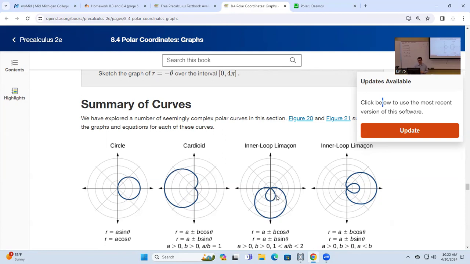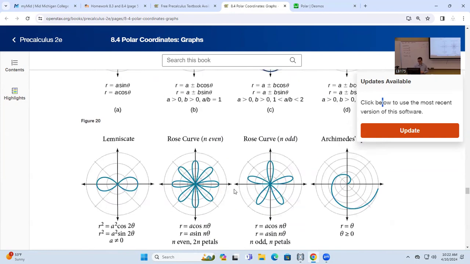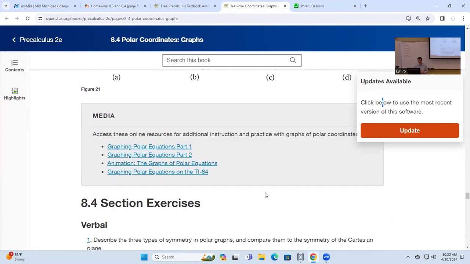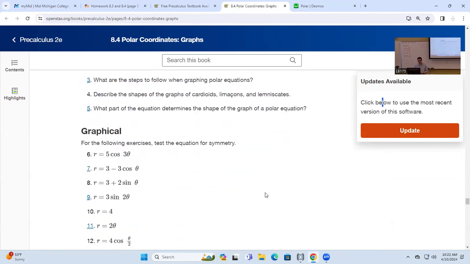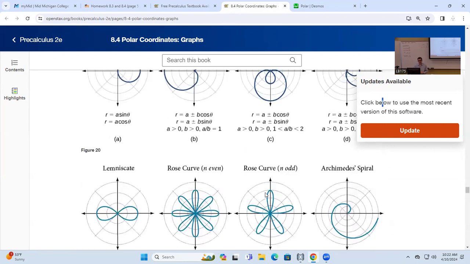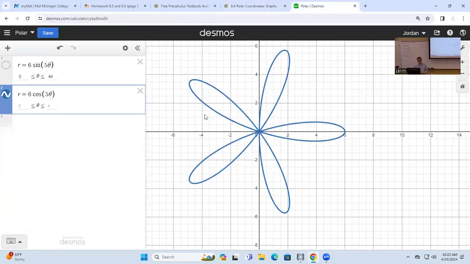We have inner loop lemicons, rose curves, spirals, and there's obviously other curves as well. But it is interesting seeing what you can plot. Now, I just want to point out something that should be fairly obvious.